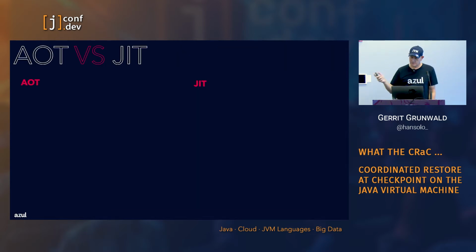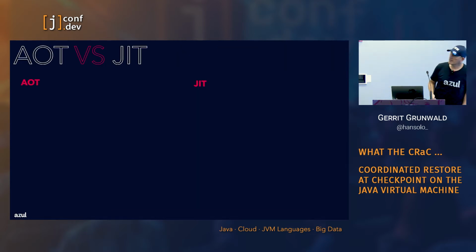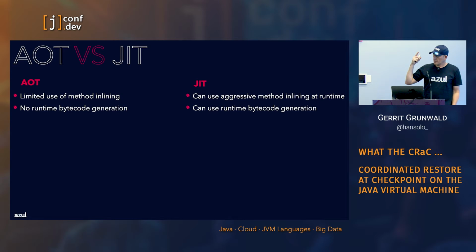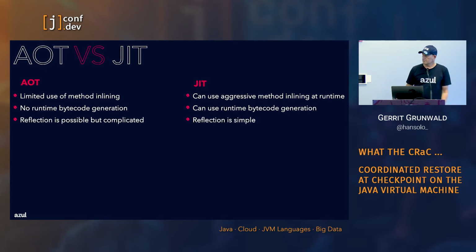So if we do a little comparison, and I'm sorry for the colors, because it's really hard to read, I guess. Well, this is white, that should work. It means that the AOT has a limited use of method inlining. For example, it can do it once in the beginning, but at runtime, you can't really do that, whereas the JIT can use that aggressively. You can, for example, also use runtime bytecode generation in the JIT, which is not possible in AOT. And reflection is possible in GraalVM, but it's not that easy.